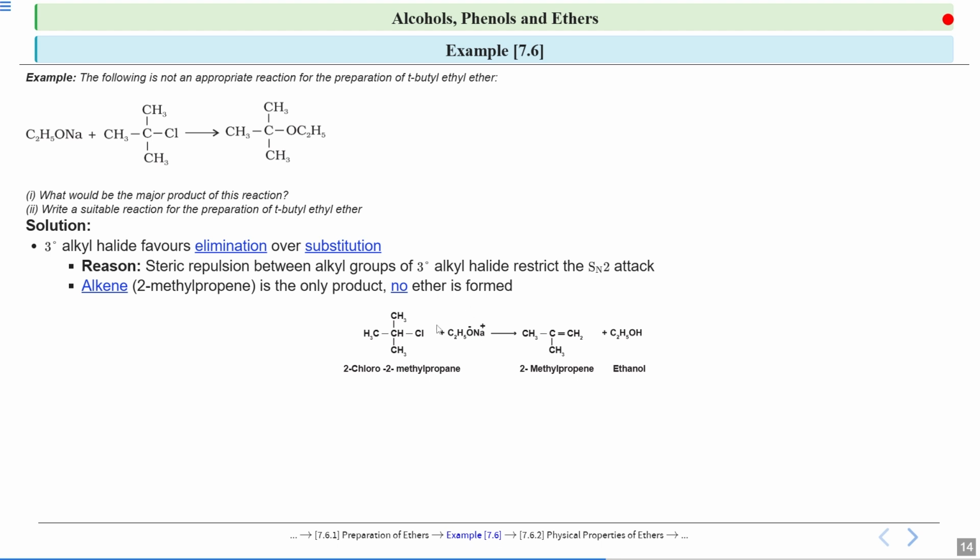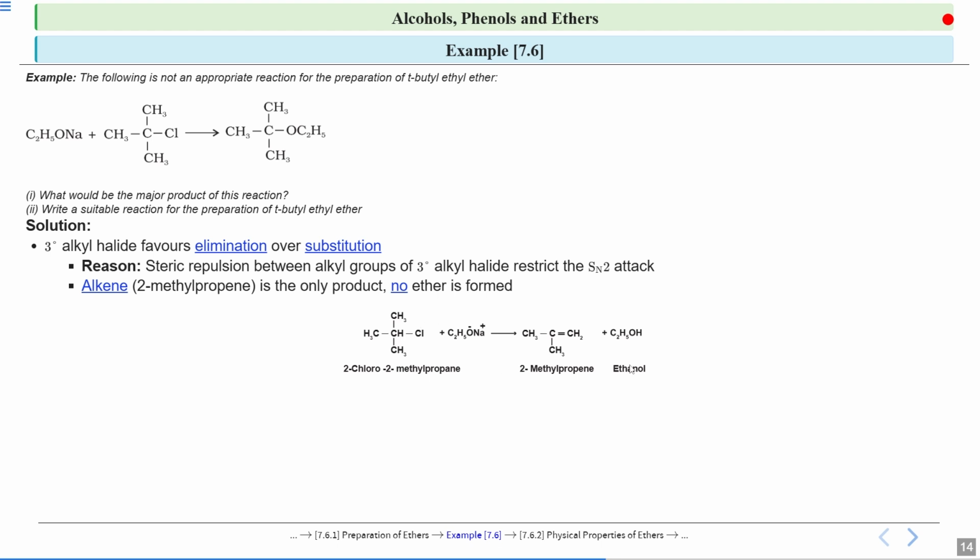Now what will happen in this reaction? It will proceed by the elimination reaction. Your oxygen has electron density, so it will attack one of the methyl groups and take one of its hydrogens. The double bond will come here, and the halide will leave from here.